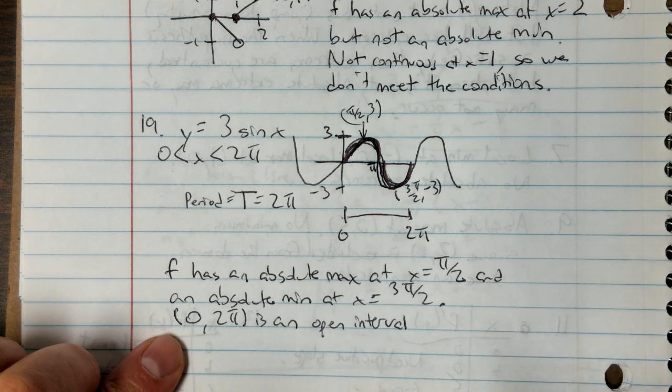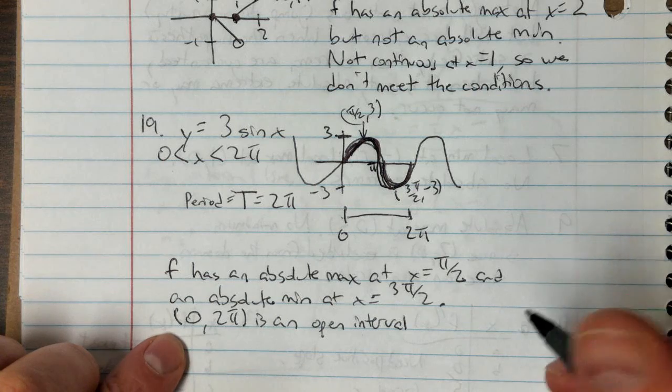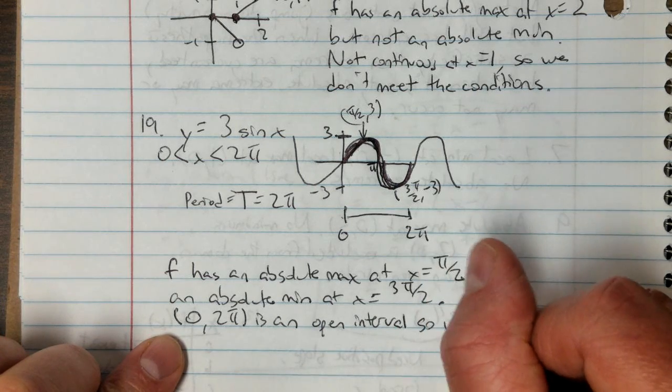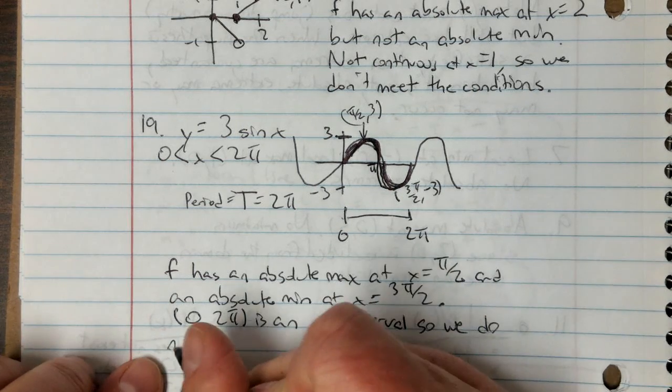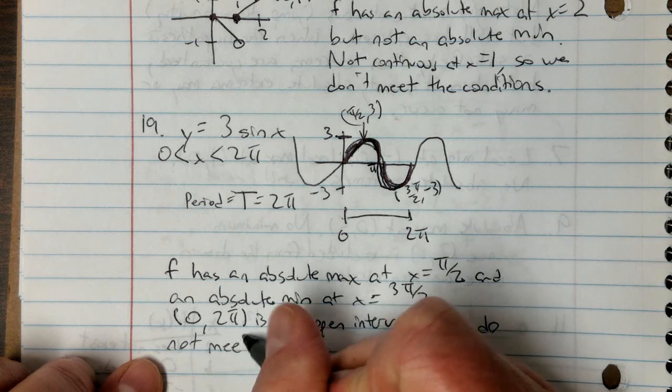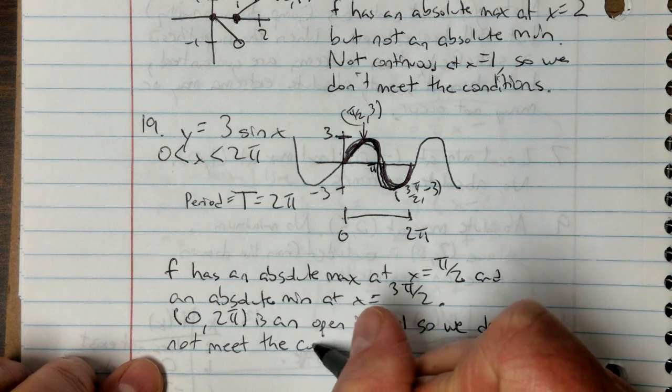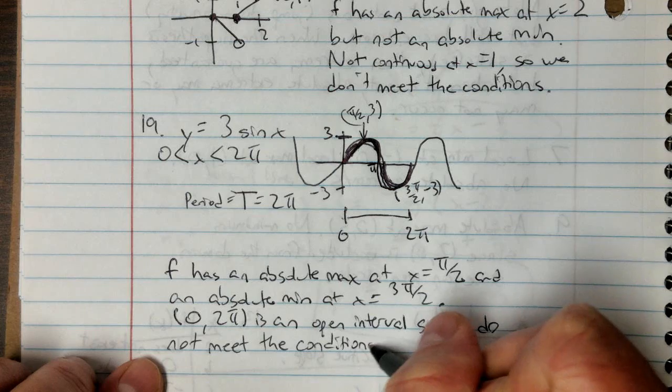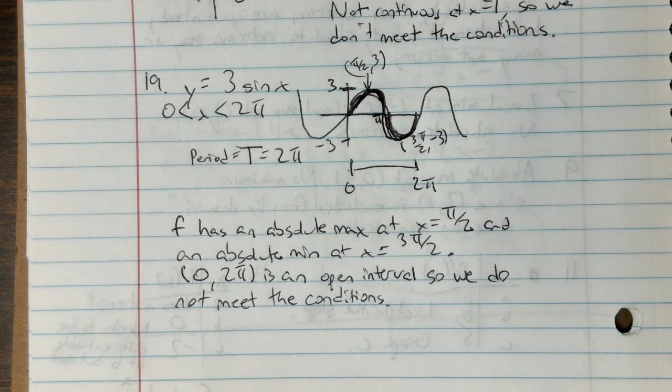So this is an open interval, so we do not meet the conditions. F has an absolute max at x equal pi halves and an absolute min at x equal 3 pi halves. 0 to pi is an open interval, so we do not meet the conditions.